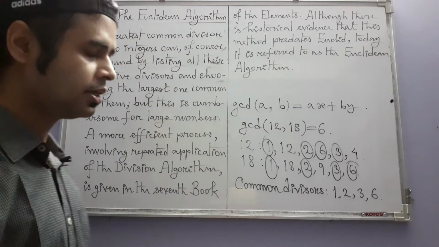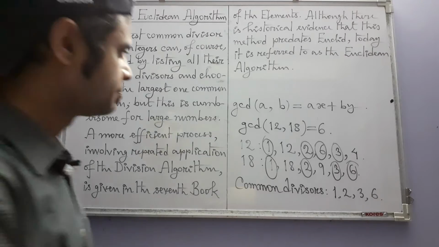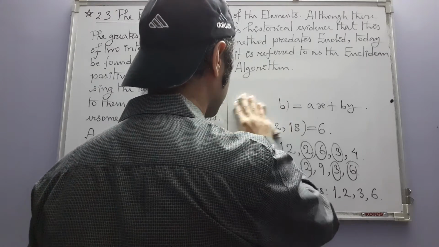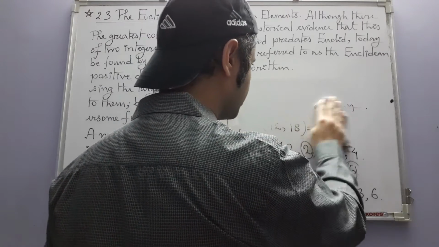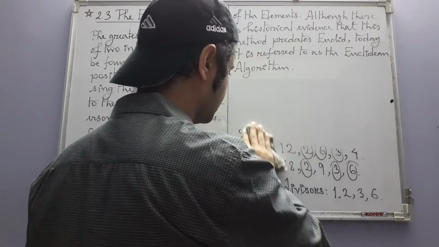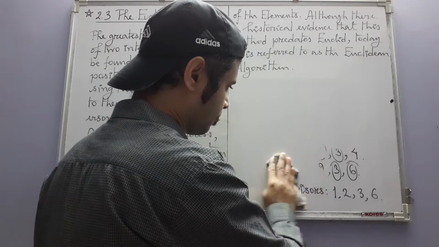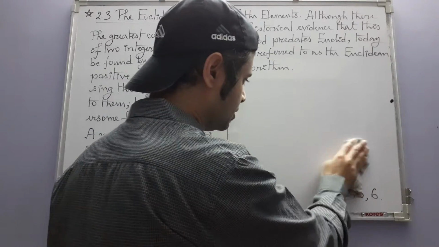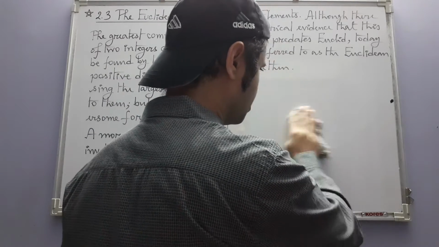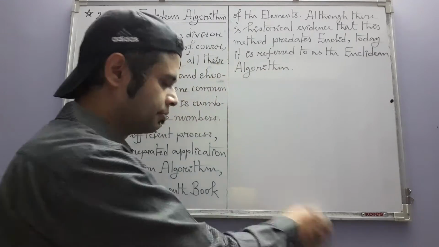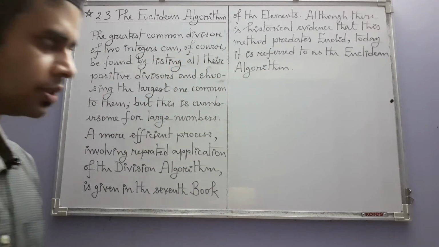So let us now see what this thing is about. This is something you probably already know, and in fact we have seen it already in our algebra videos, but because this is another text, so let's just go through it once more.